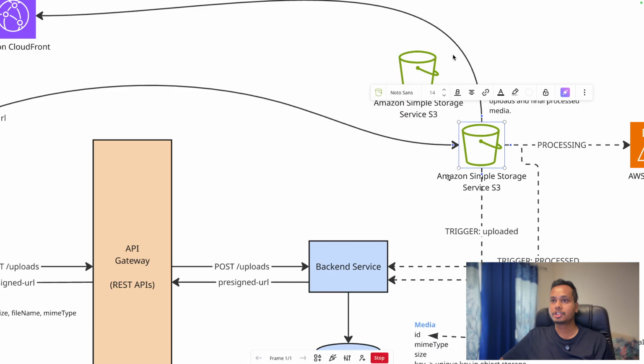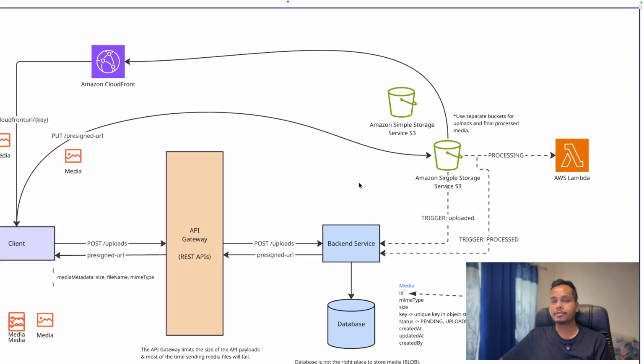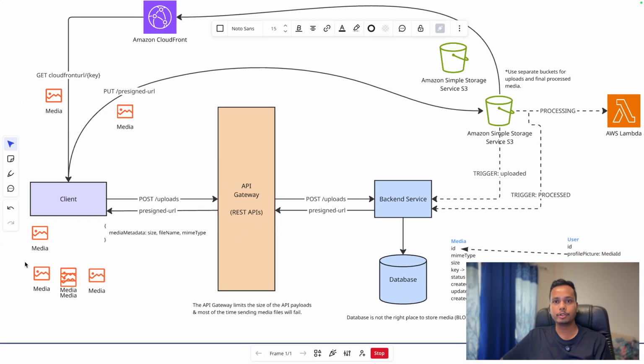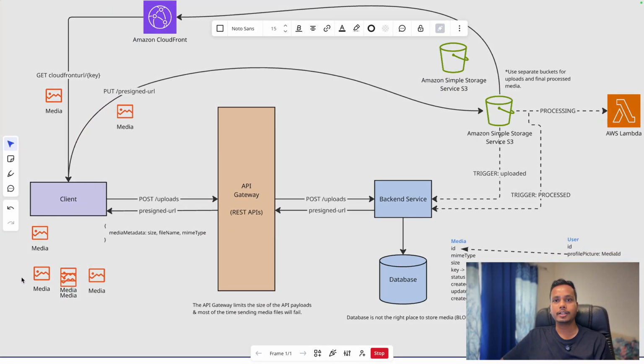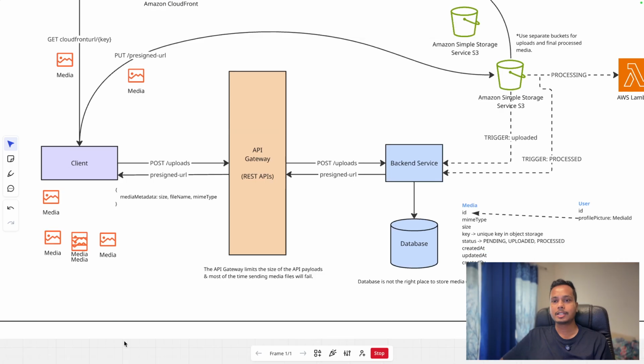So that is how chunking helps when we are dealing with large media files, and that is why this concept becomes very useful. It is not standard when you are dealing with small media files, but it is one non-negotiable technique which we should follow if we are building something like YouTube, or a system dealing with large media files.